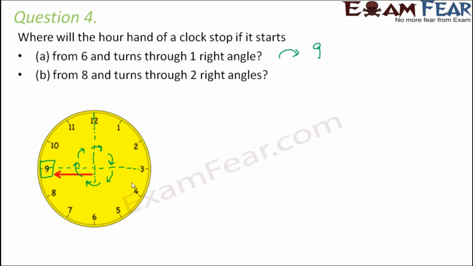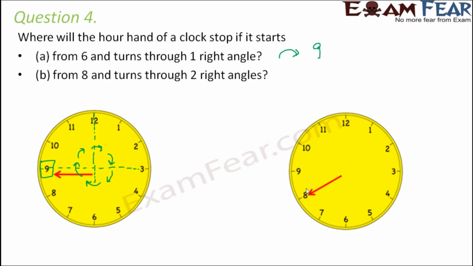Now if it starts from 8 and turns through 2 right angles, let's see what would happen in that case. It started from 8 and it completed how many right angles? 2 right angles. So 2 right angles is how much? 1 right angle is 90 degrees. So 2 right angles is 2 into 90 degrees, that is equal to 180 degrees. So what is 180 degrees?